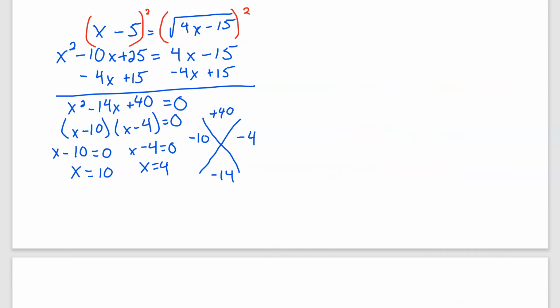Our last step is to check our solutions. So I will check x equals 10. So we get 10 minus 5 is equal to the square root of 4 times 10 minus 15.